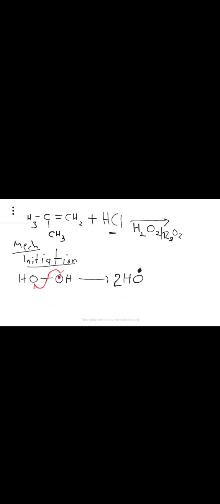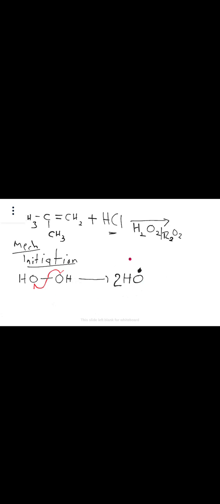I also said these are two peroxide radicals that are going to form, so know where you're putting that 2. It's 2 moles of the peroxide radicals, not molecules or atoms. Another thing is that in the initiation for alkenes, there are 2 equations.